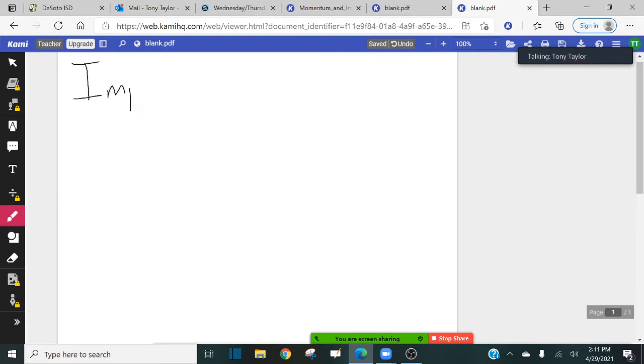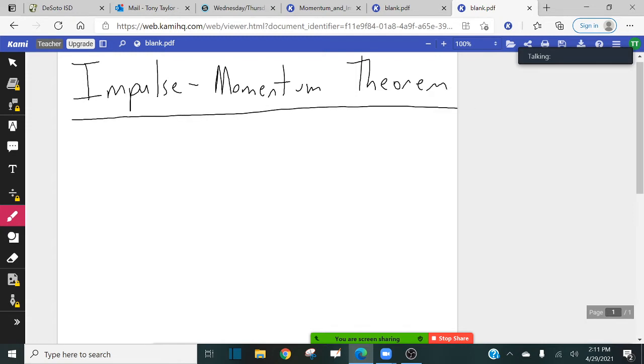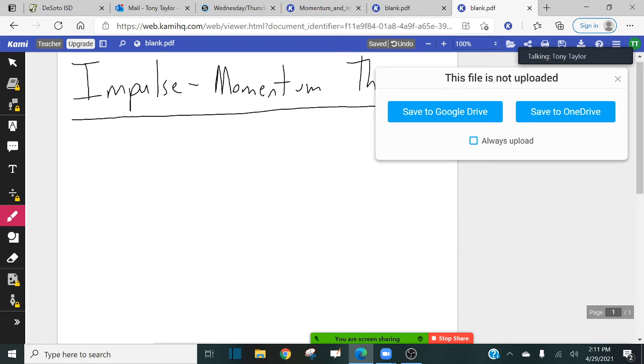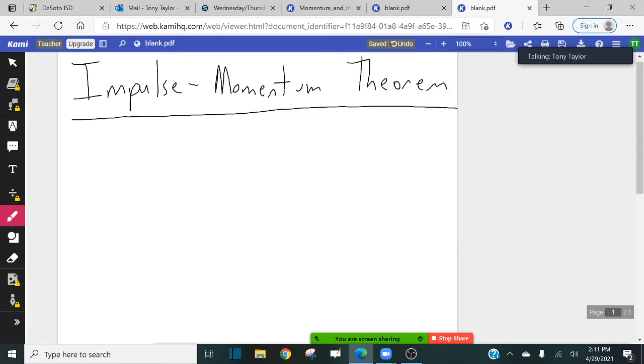What is known as the impulse momentum theorem. Now, the impulse momentum theorem says that an object's impulse can be directly equated to an object's change in momentum.